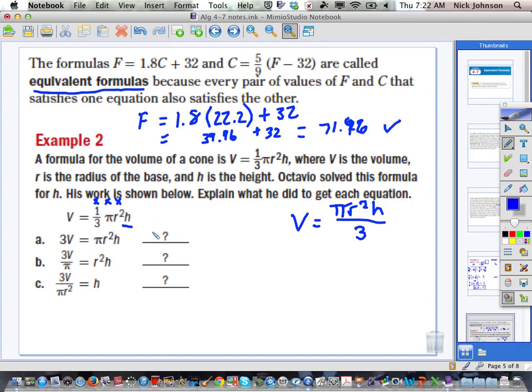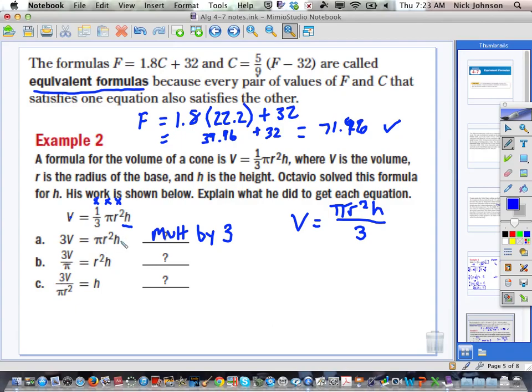So what he did here was he multiplied by 3. And how do we know he multiplied by 3? Well, V turned into 3V.